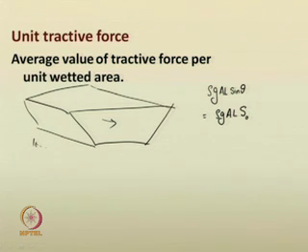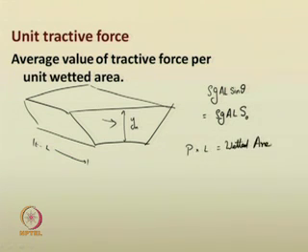This reach is of length L, and it has a normal depth y n, fine. So, what is the wetted area for this entire reach? You can easily understand that the wetted perimeter for this cross section is P, and you just multiply by the length L. This will give you the wetted area for the reach.